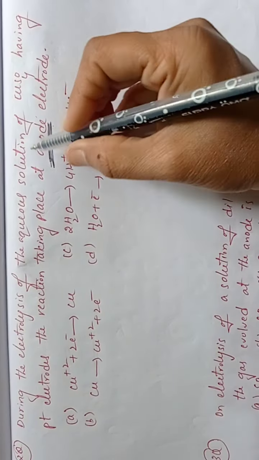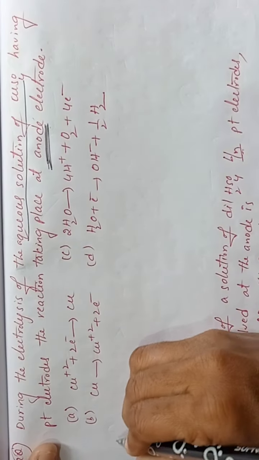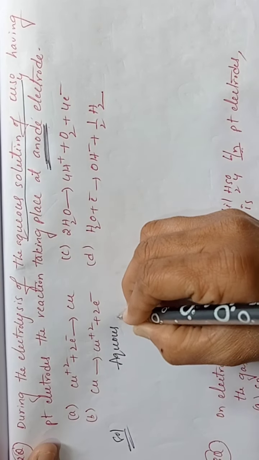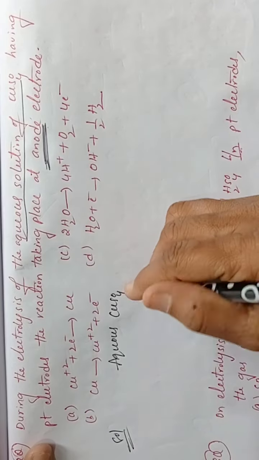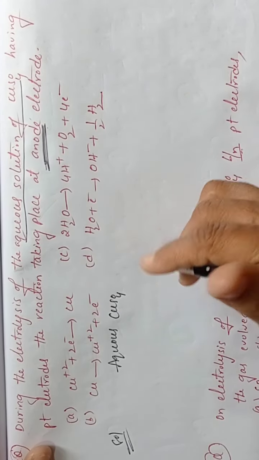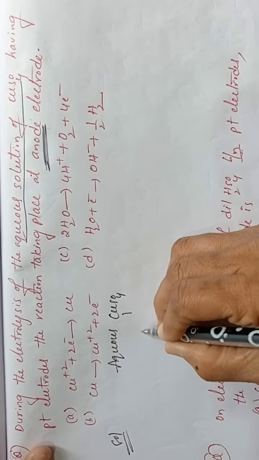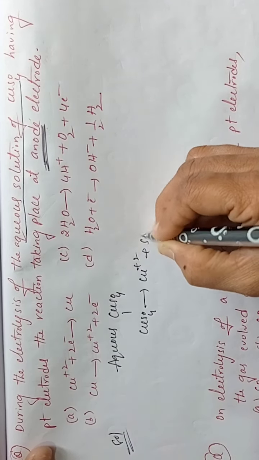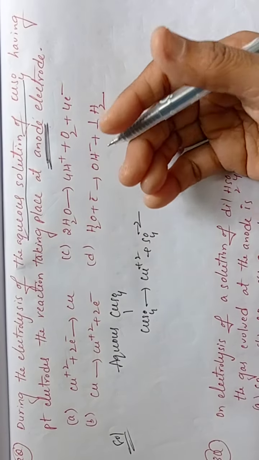Here what is given, students? Aqueous solution of copper sulfate is given. So aqueous copper sulfate dissociates into Cu plus 2 and SO4 minus 2, correct? Clear this one, SO4 minus 2, students.